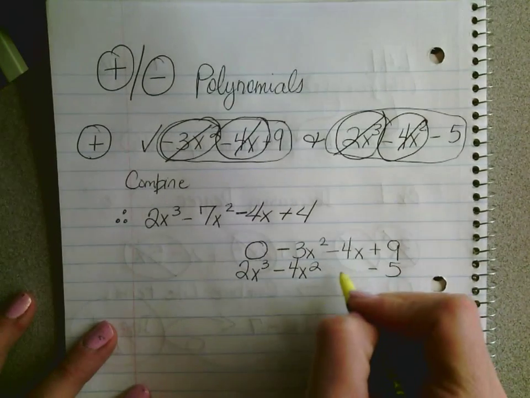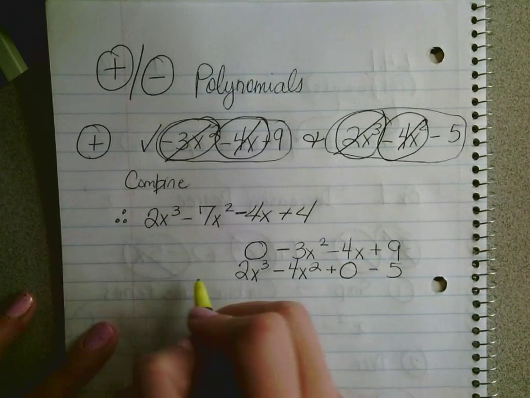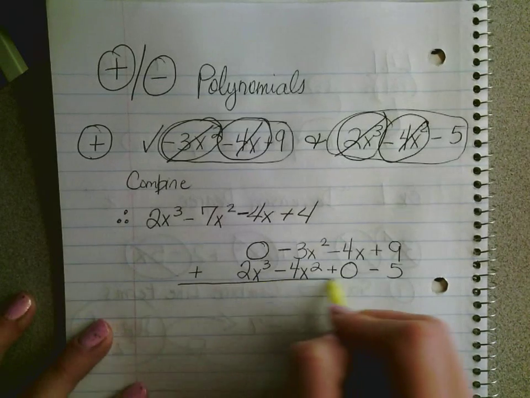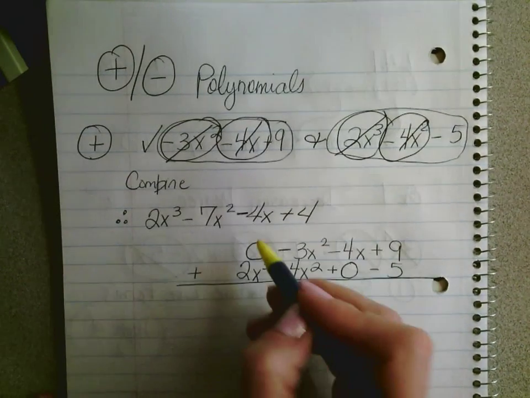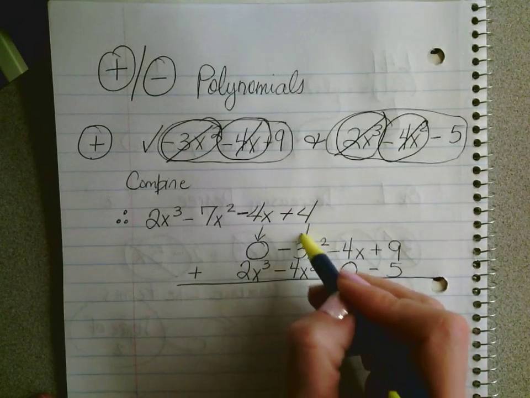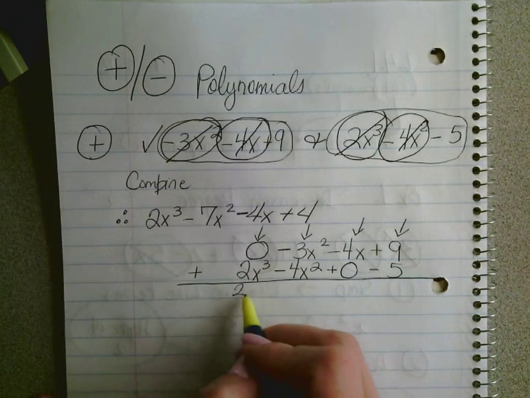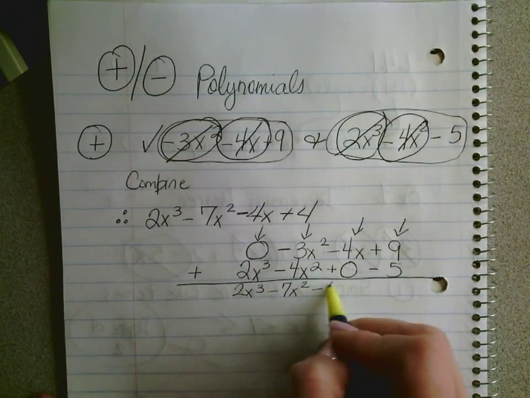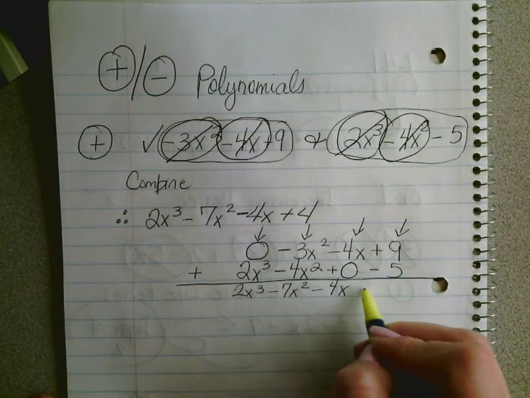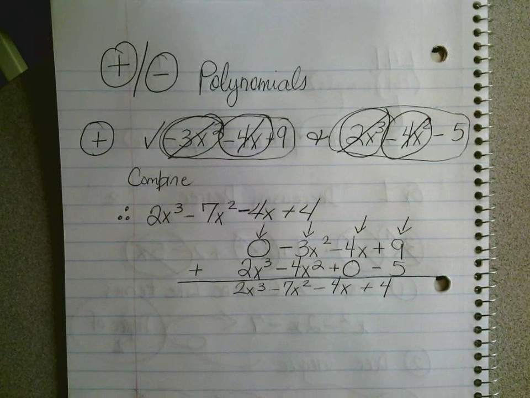The bottom polynomial has no x's. So in order to stack them, you may want to insert zeros as placeholders, and then you can just perform your addition down the columns like that. I don't care how you do it, by the way, whatever you like. Either way, you're going to end up with the same answer.